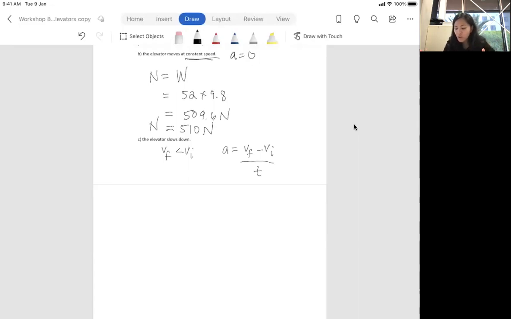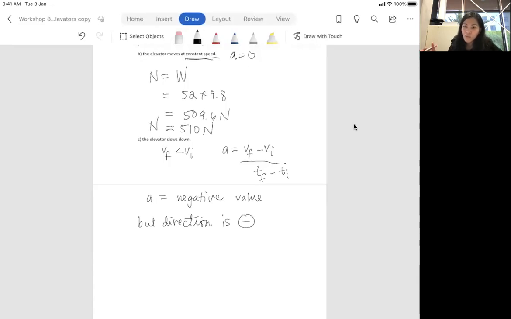But since your elevator is slowing down, the final speed will be less than the initial speed. That means the value of the acceleration you'll get will be negative, right? A negative value for the acceleration, but at the same time, the direction is downwards, which is also negative.